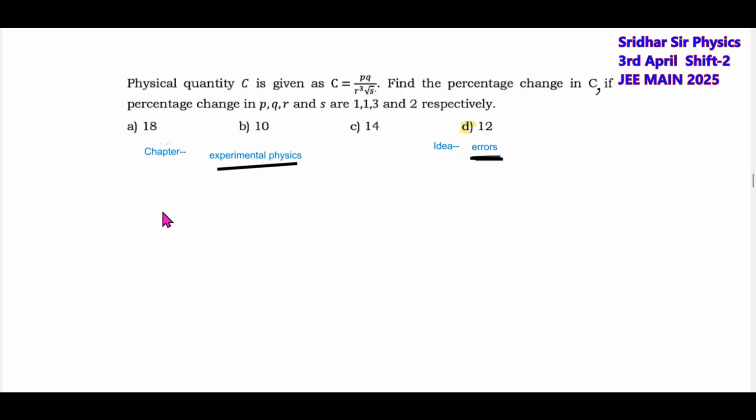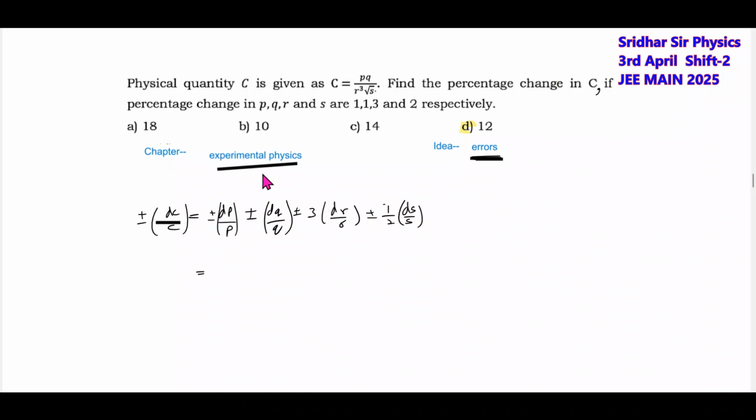So what is the formula? This will be dC. Relative error in C is equal to relative error in P, relative error in Q, relative error in R, relative error in S. Okay, all this one.